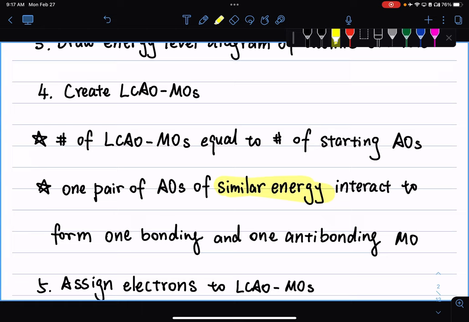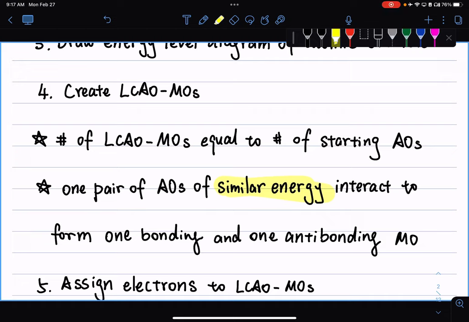Everything that's not interacting is going to stay where it is. What that means on this figure, use a different color for your molecular orbitals, is atomic orbitals of similar energy will interact. So that means the 2p of your fluorine and the 1s of your hydrogen are close enough in energy to interact with each other.